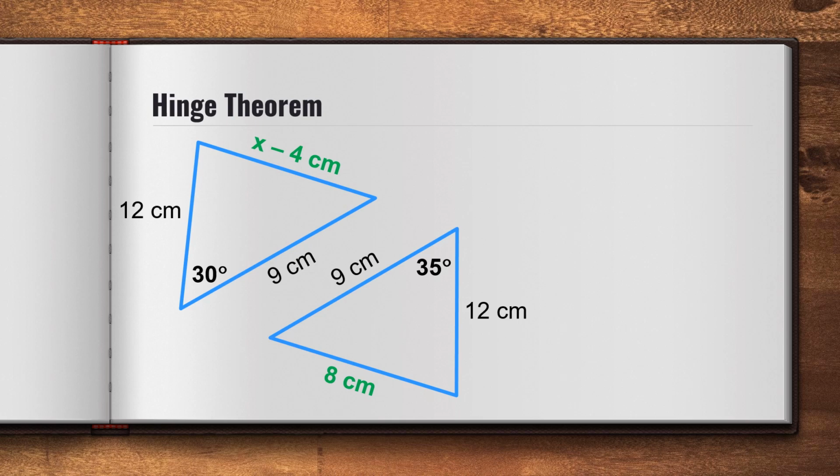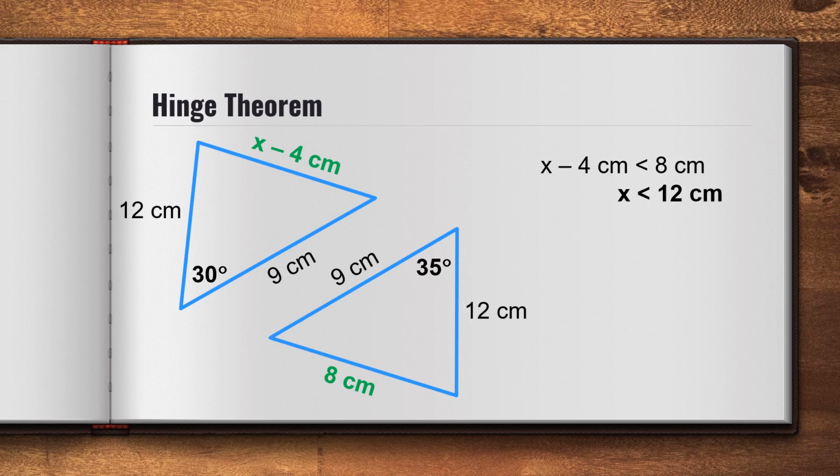The opposite side of 35 degrees is 8 centimeters, because 35 degrees is larger. So its opposite side, 8 centimeters, is greater than x minus 4 centimeters, since x minus 4 is opposite the smaller angle, 30 degrees. So how do we write that? x minus 4 centimeters is less than 8 centimeters.